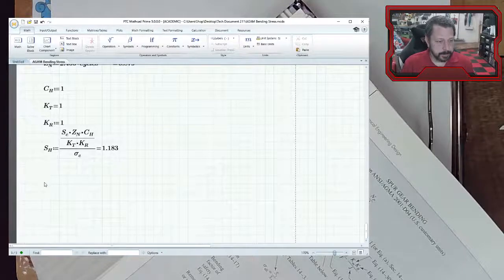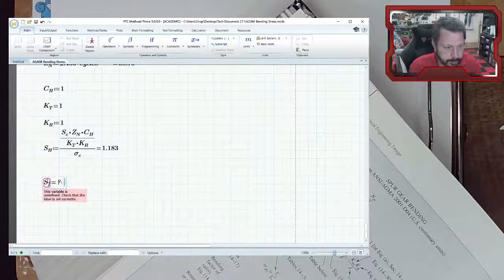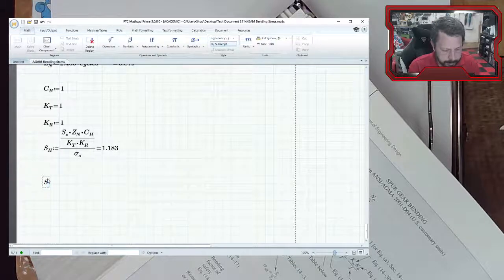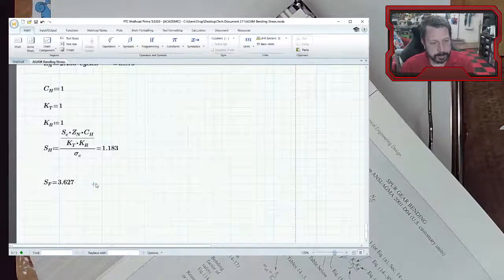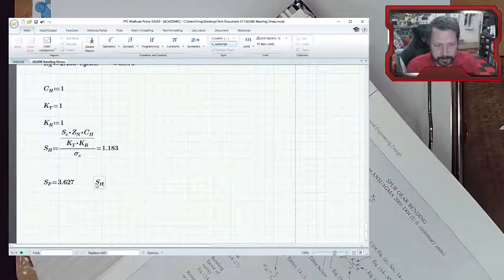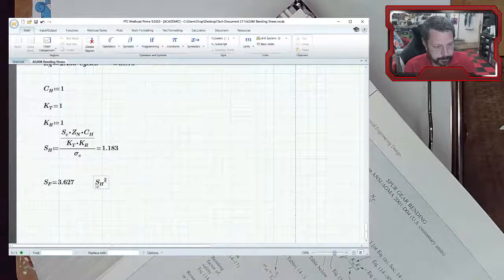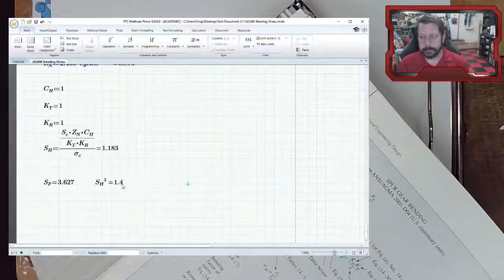So let's go ahead and put SF out here. Oh, did I use a capital F? 3.6, and we're going to compare with SH, but SH squared. We don't have crowned gears. 1.4. So both of them are safe.